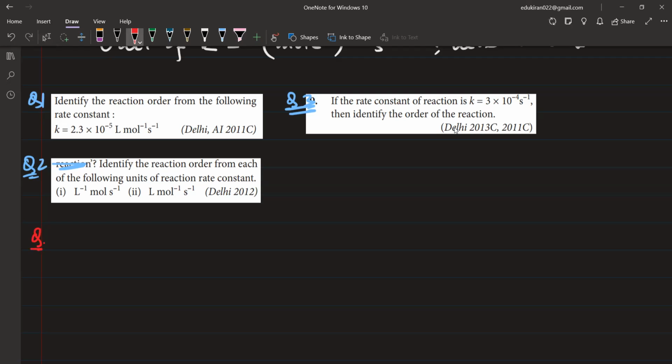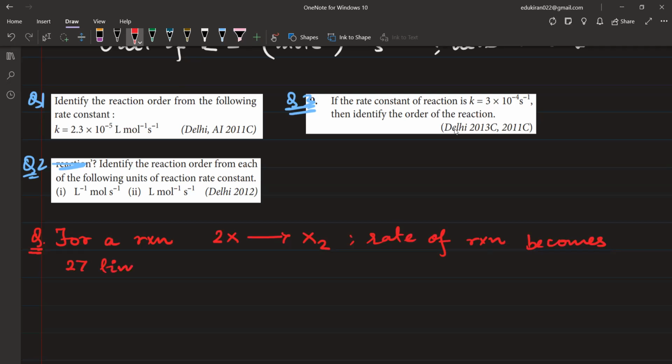Write another question. For a reaction, the rate of reaction becomes 27 times when the concentration of reactant X is increased 3 times.